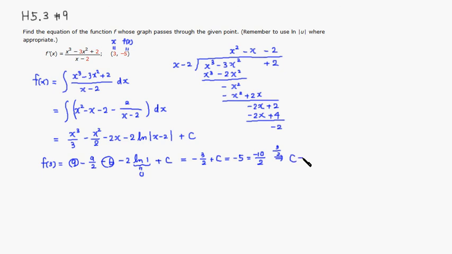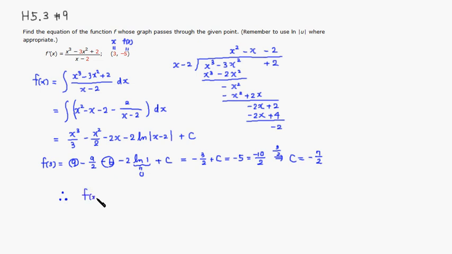So c is equal to negative 10 halves plus positive 3 halves, which is negative 7 halves. So now we have the complete formula for f of x.